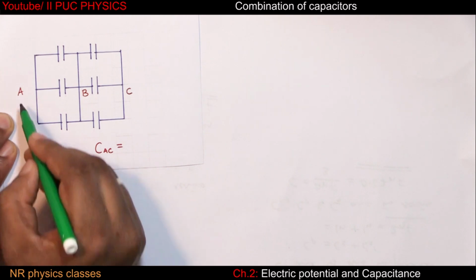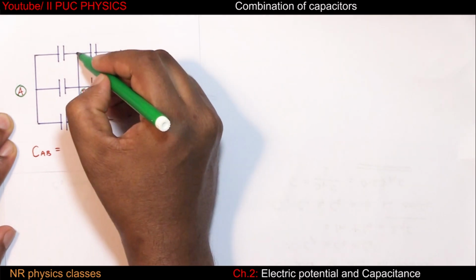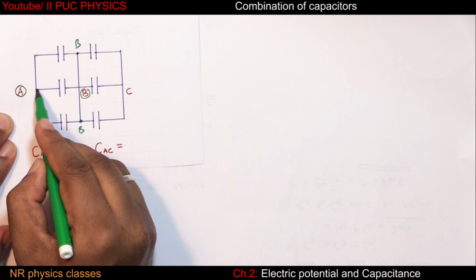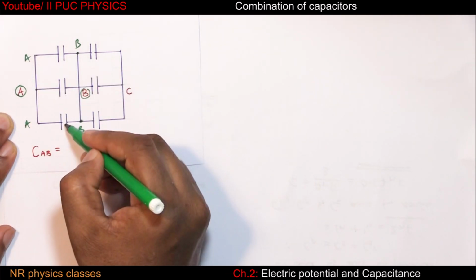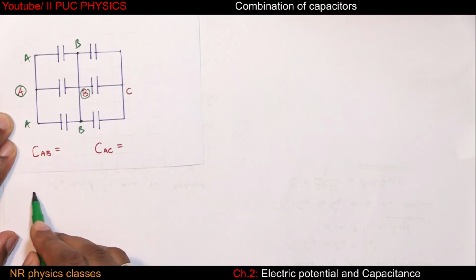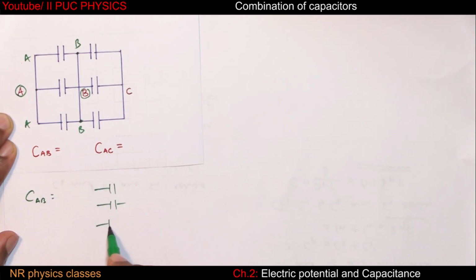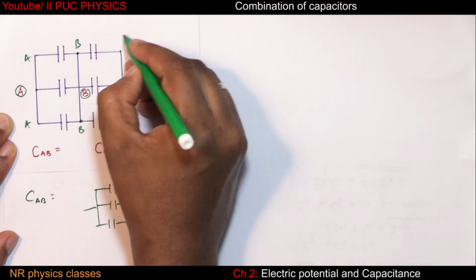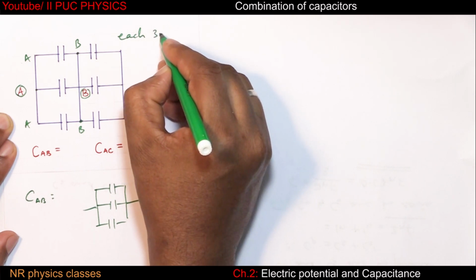Now CAB. A is here, B is here. If this is B, this point is also B, this point is also B. If this point is A, this is A. So these three capacitors are between A and B. Therefore, to find CAB, what we have is three identical capacitors in parallel.